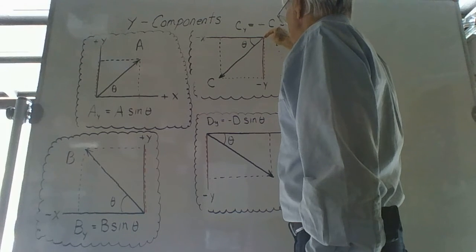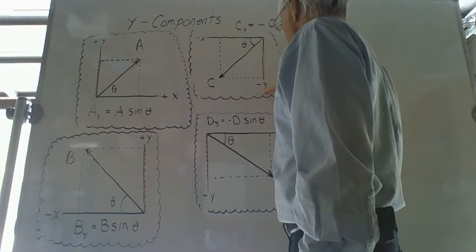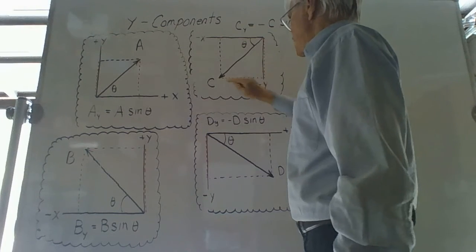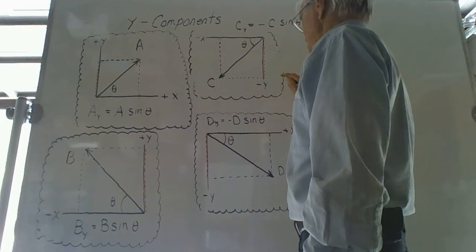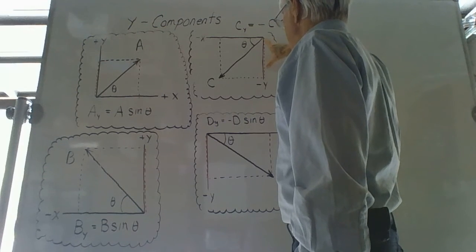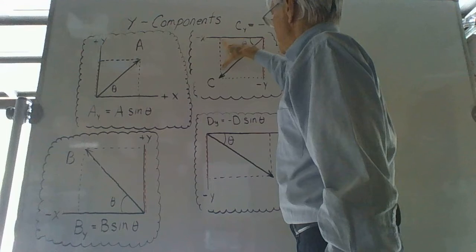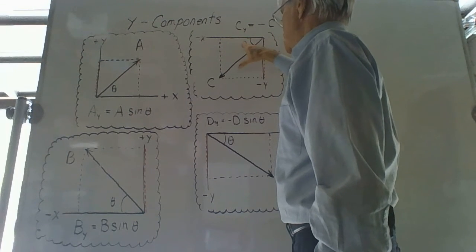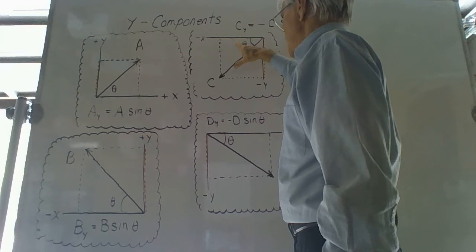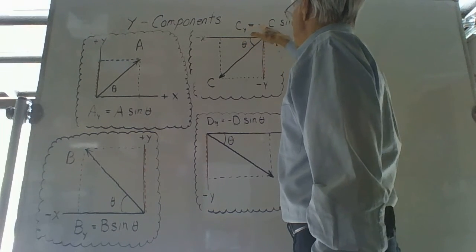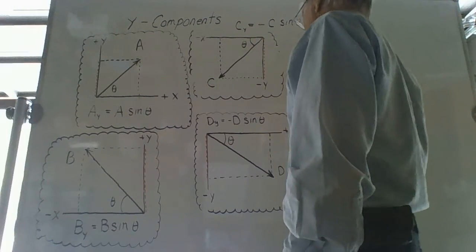The shadow is cast along the negative y-axis, so the y component of the c vector will be a negative number, and it's the negative of that leg height. That leg height there is the same as that one, which is the side opposite the angle theta, so we use the sine function in SOHCAHTOA to get c subscript y equal negative c sine theta.